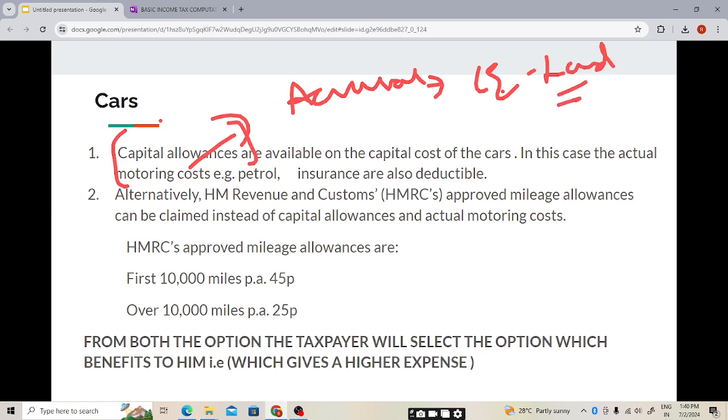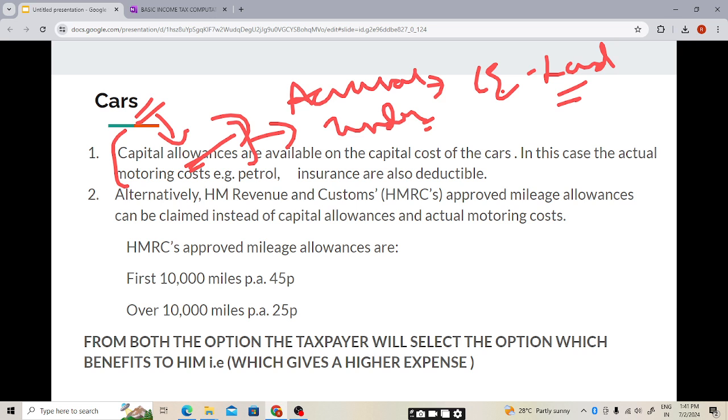But HMRC says that when it comes to a car, you can claim the capital allowance under the cash basis also. But in the previous slide we studied, do not confuse, students. Capital allowance is a form of depreciation. This is a replacement of depreciation for taxation, because the taxation rules do not apply accounting depreciation.